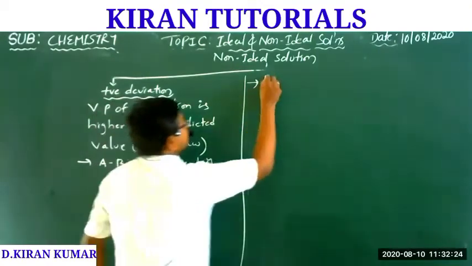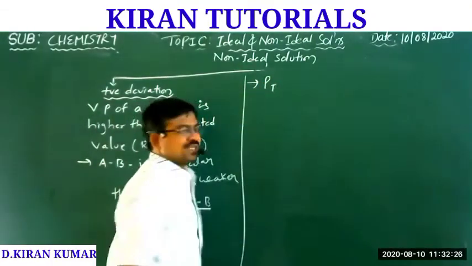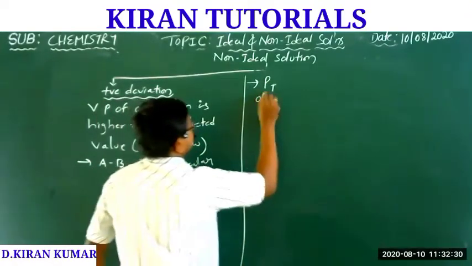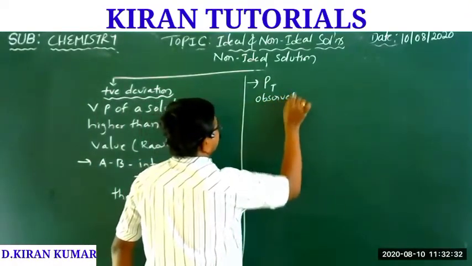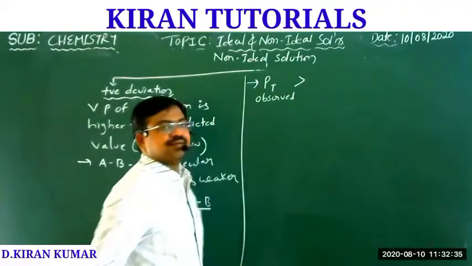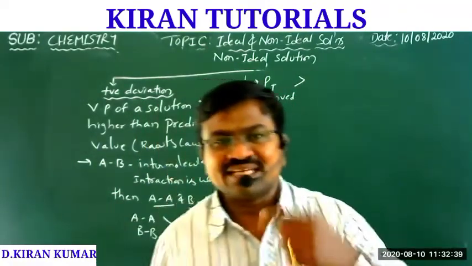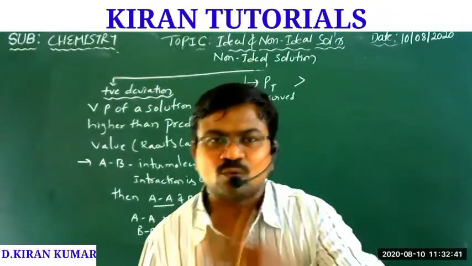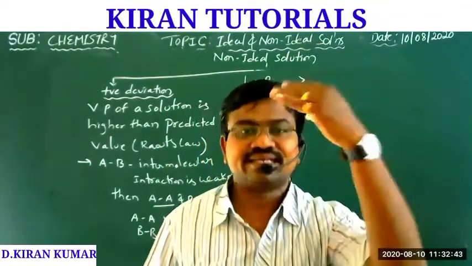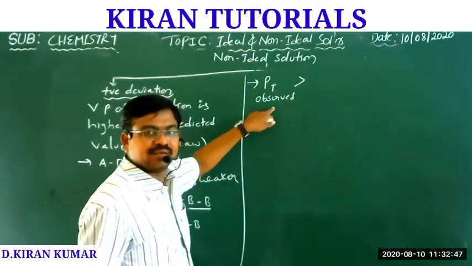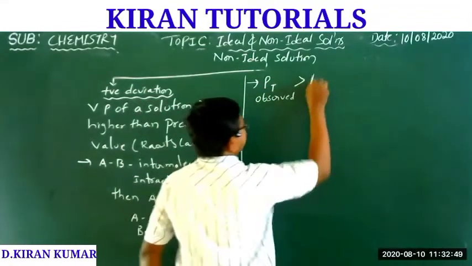The first one. The total pressure observed is greater than that predicted from Raoult's law. So the observed pressure is greater than the predicted pressure. What is the predicted pressure again?